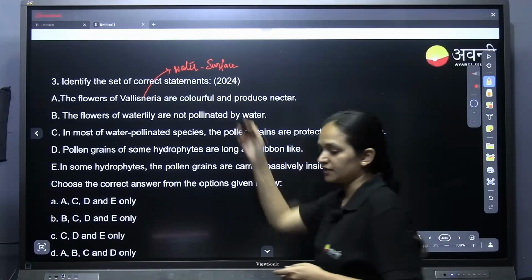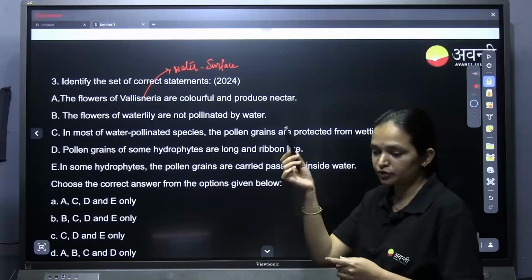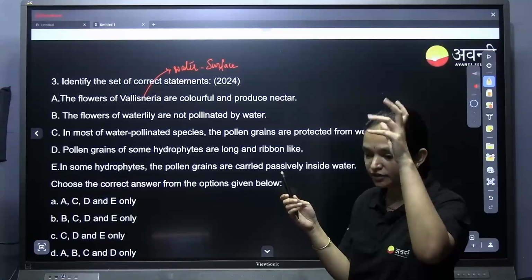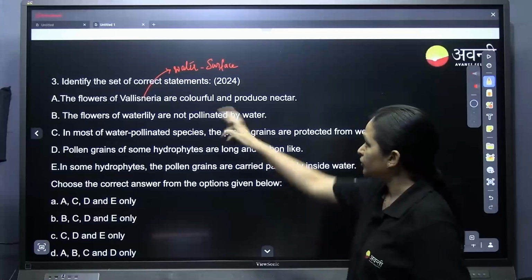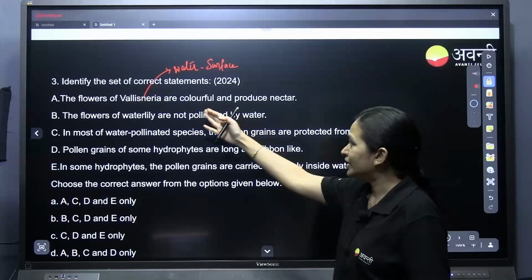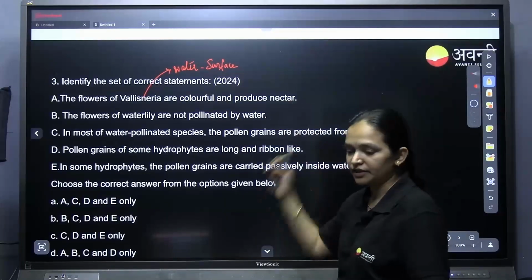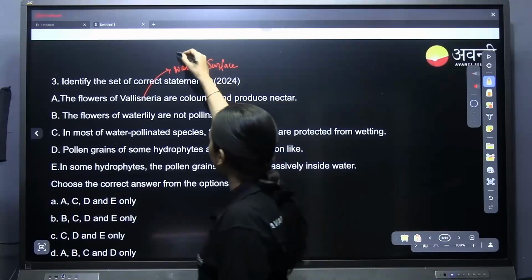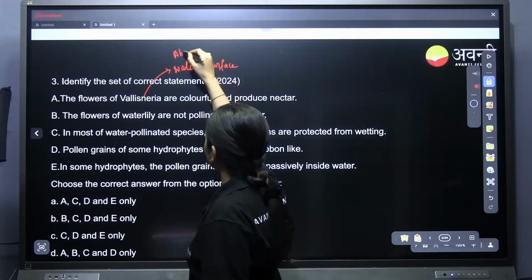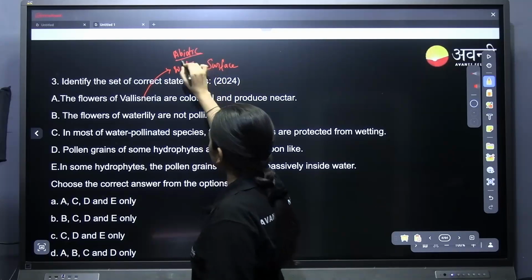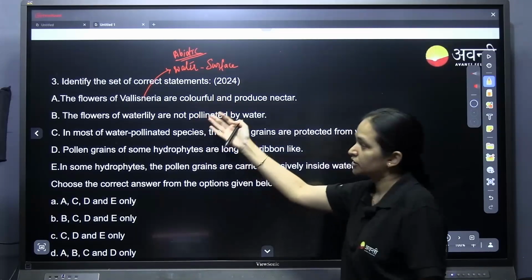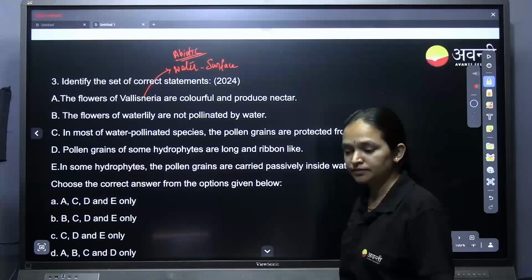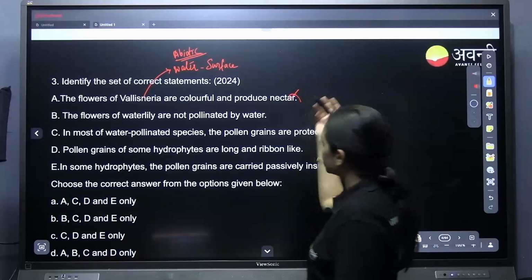The male flower also comes towards the surface and the female also comes to the surface, and they release the pollen grains on the surface of water. So will it be colorful and produce nectar? Why would it be? Water is an abiotic pollinating agent. Do the flowers of such plants need to be colorful and produce nectar? No. So this is wrong.